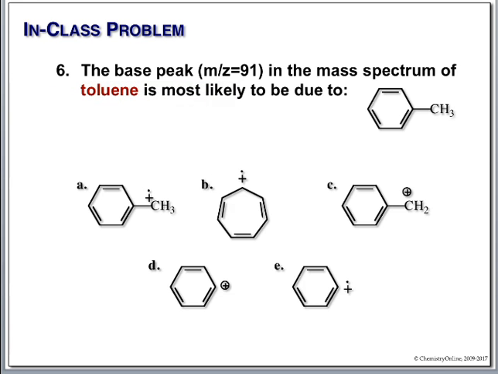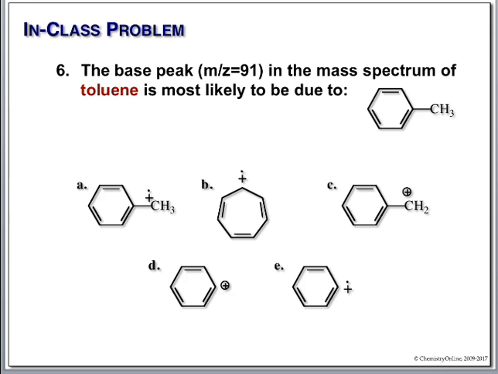Our second one here, this is our friend, the tropylium ion, C7H7+. Tropylium ion, we remember from way back in 234, was one of the classic examples of a stable carbocation. You can take tropylium fluoroborate, and it's soluble in water. I mean, it is such a stable carbocation.